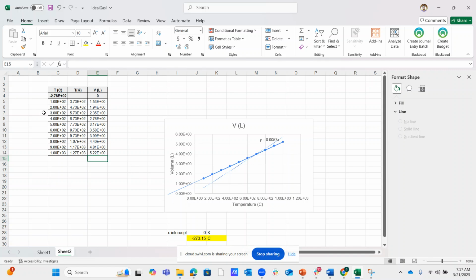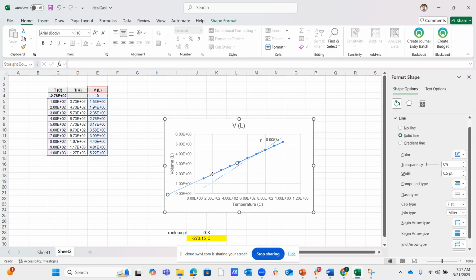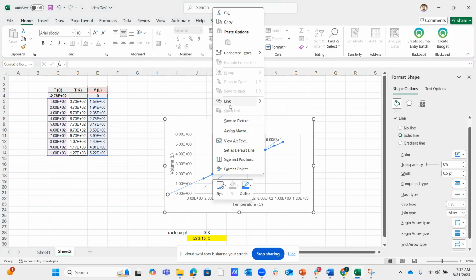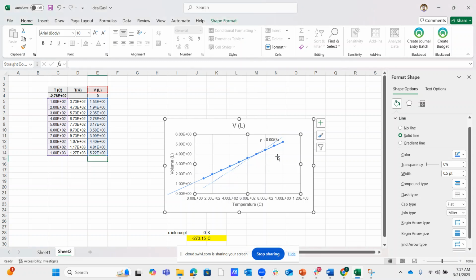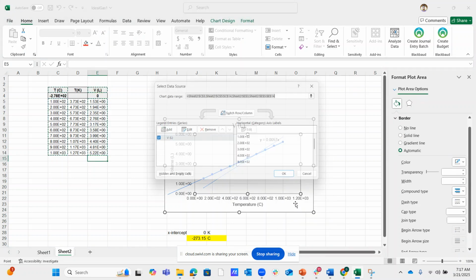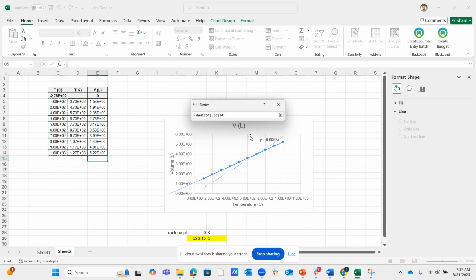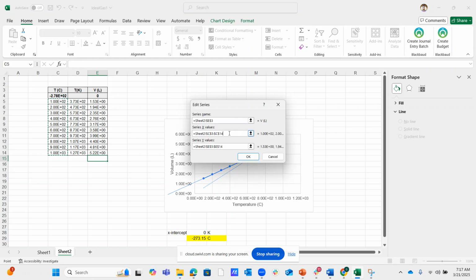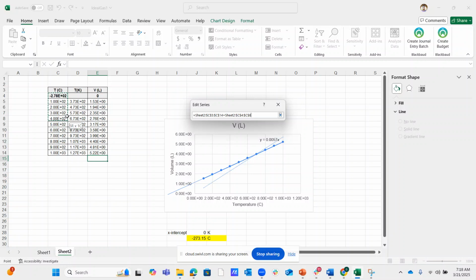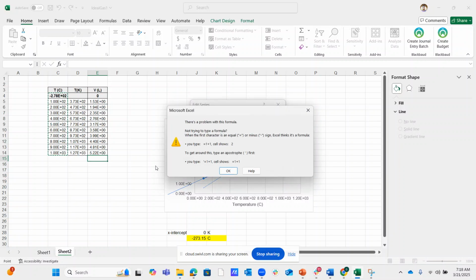Okay, so let's do this together. Now I'm going to go back to the graph, and I'm going to try and select this new data. Select data, edit. I want to tell my x-axis to include this guy too now.